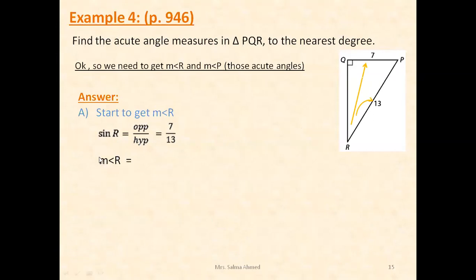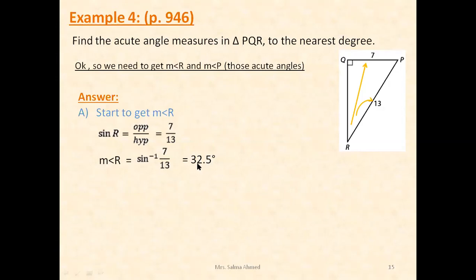So for the measure of angle R, I will move the sine to the other side by an inverse sine, which is sine negative 1 of 7/13. Use your calculator in this step, and you will find 32.5. I need this angle to the nearest degree, so I look at the 5 after the decimal.